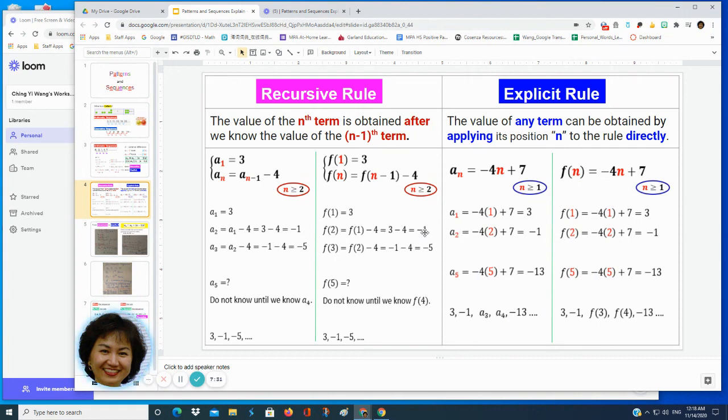We have to mention that for the recursive rule, n has to be greater than or equal to 2, because when n equals 1, that means the first term, and the first term is always given. For the explicit rule, you can start with n equals 1. That means just plug 1 into your formula to get your first term. So we make n greater than or equal to 1.